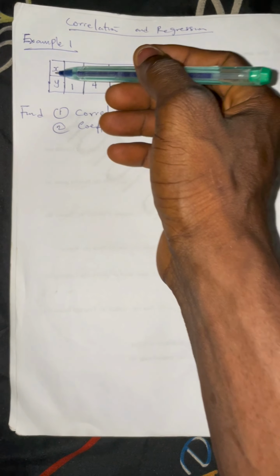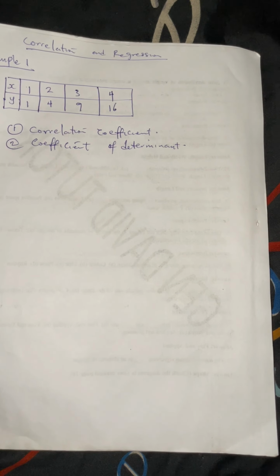If you see this type of question, you are given the lowercase, small letter x and small letter y, and you are asked to find the correlation coefficient and coefficient of determination. How are you going to do this? You have to firstly determine which one you are given. Is it small letter or capital letter?